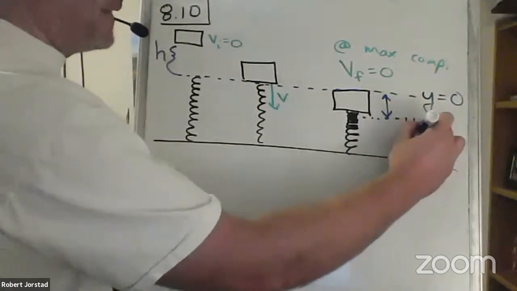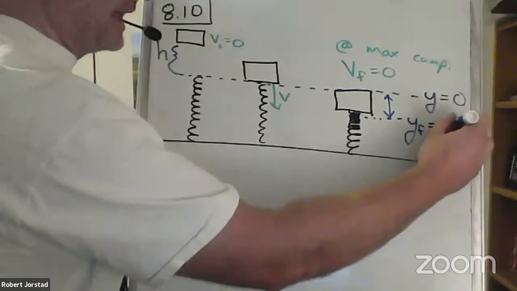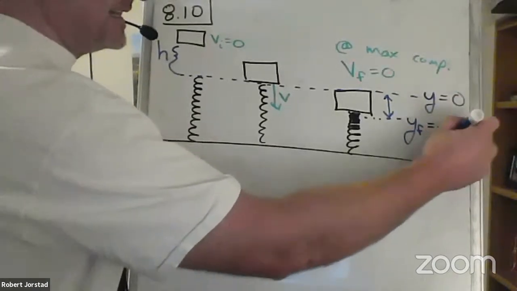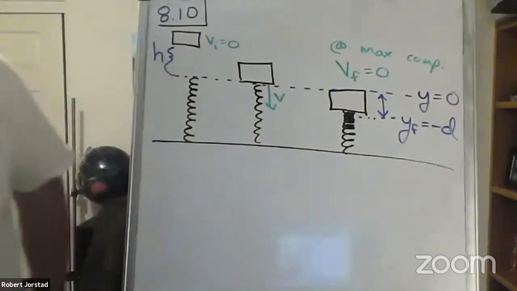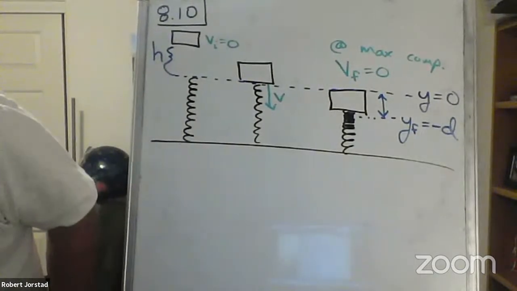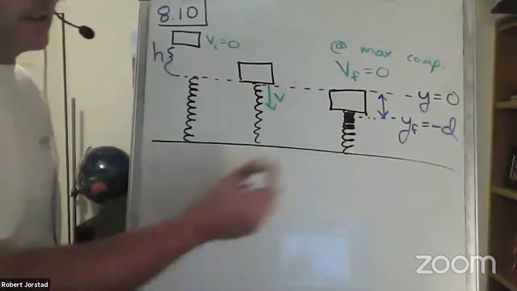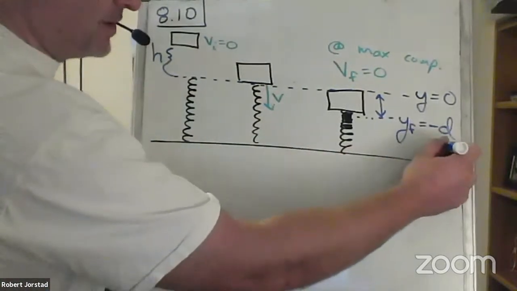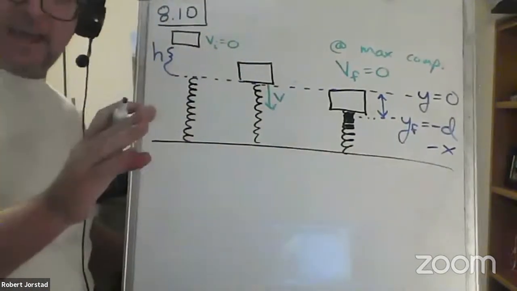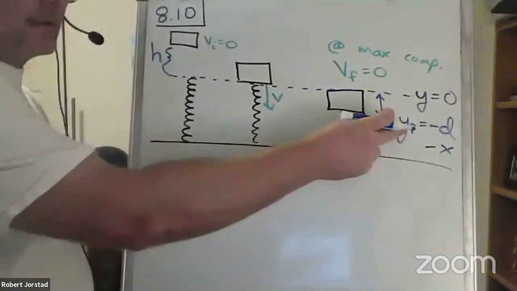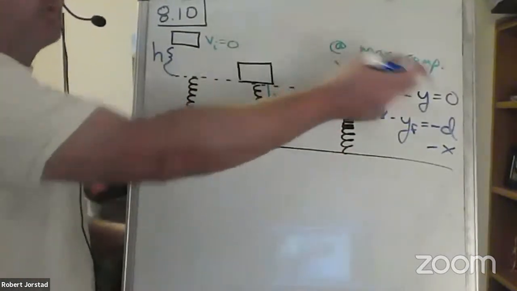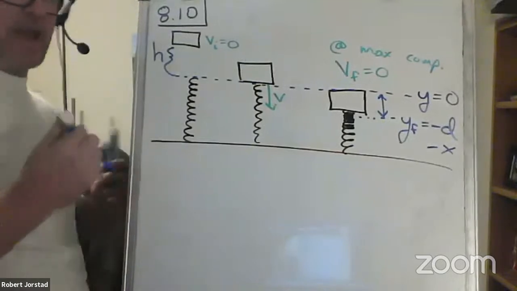You could call this y final equals negative d, or you could call it whatever you want. It didn't specify. So you could call this negative d. Sometimes people call it negative x. Now, again, watch carefully. Why is it negative? It's because it's below y equals 0. So that's the part that matters.